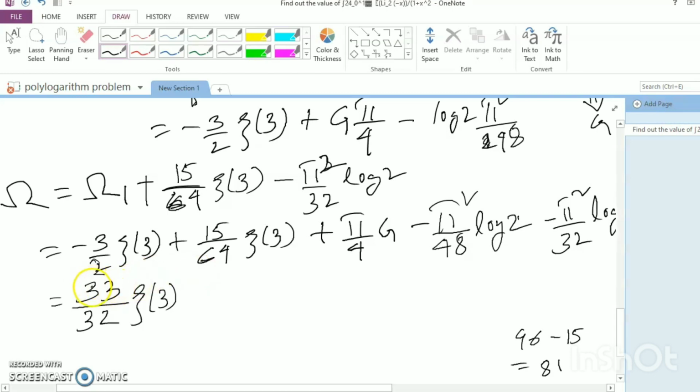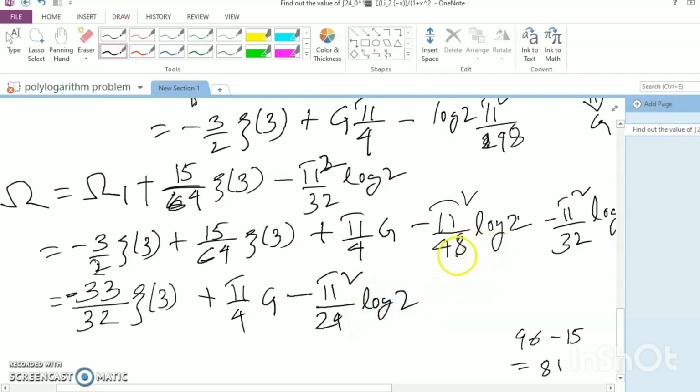33 by 32 zeta 3 minus, and pi by 4 plus pi by 4. Okay, my calculation is correct. And minus pi square by 24 log 2.